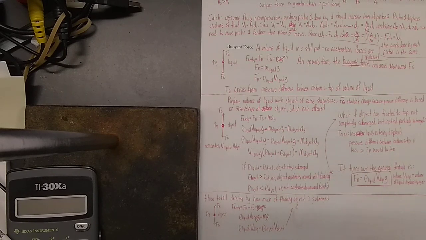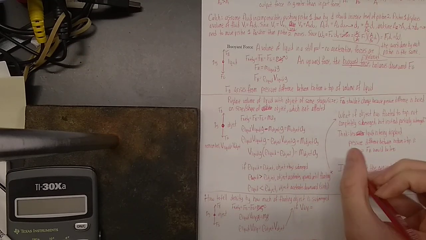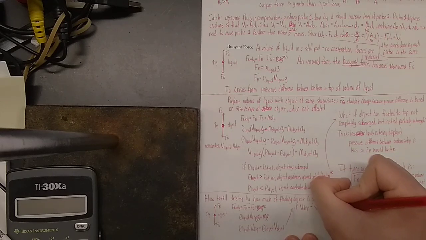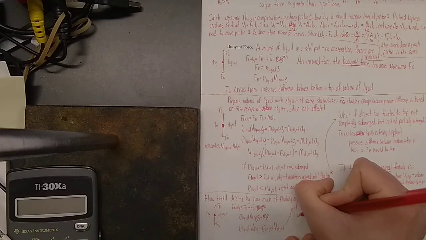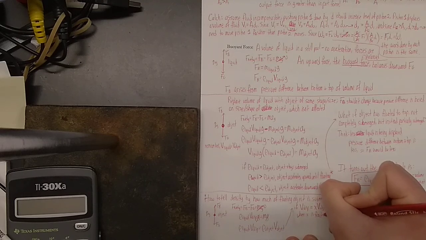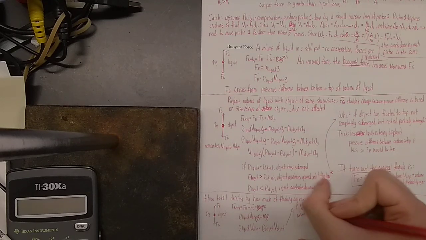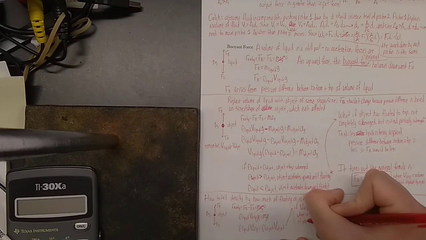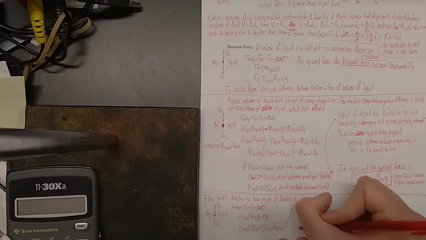If we want to tell how much of the floating object is submerged, then we can say the following. V displaced, the amount of water displaced, is equal to x times the volume of the object, where x is some fraction. In this case, x is the fraction of the object that is submerged.